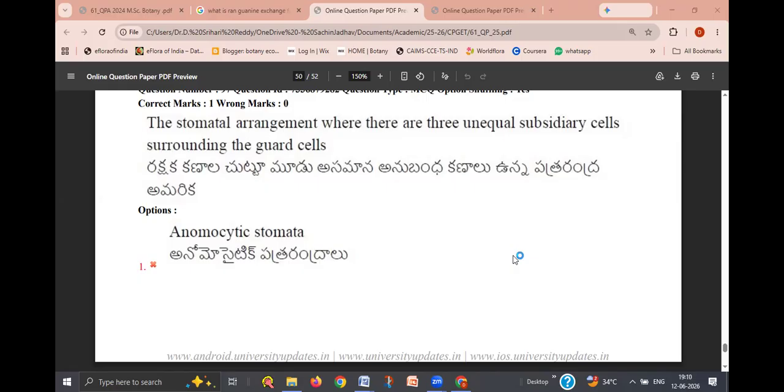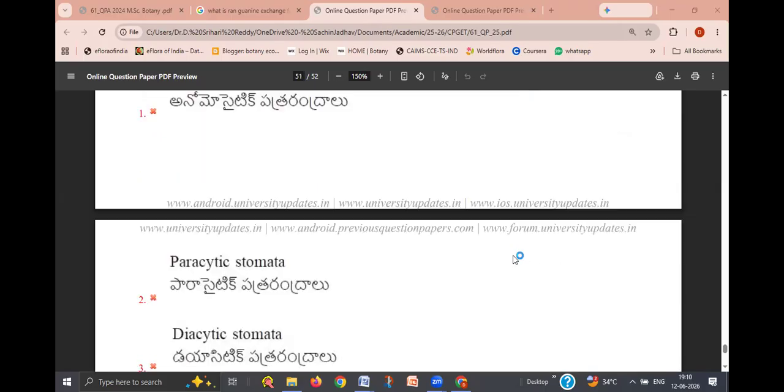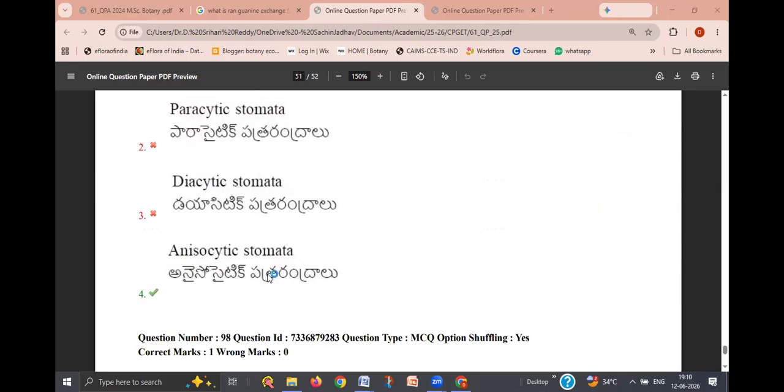So there are 3 unequal subsidiary cells surrounding the guard cells. What is that called? Anisocytic stomata. Iso means equal, aniso means unequal. So the right answer is anisocytic stomata.